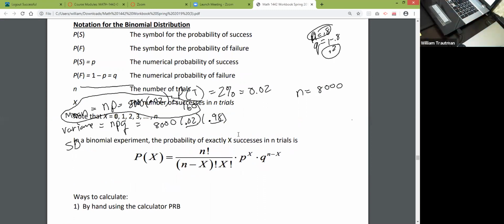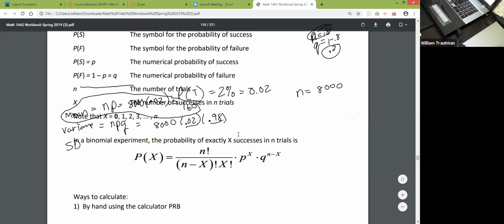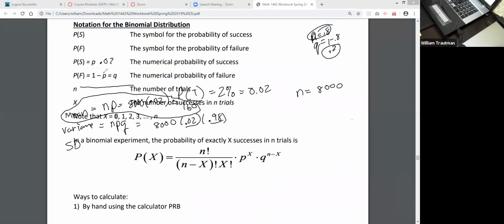So you see, if P is 0.02, then 1 minus 0.02 is 0.98. That's what Q equals. So do you see P and Q add up to 100%, or 1?